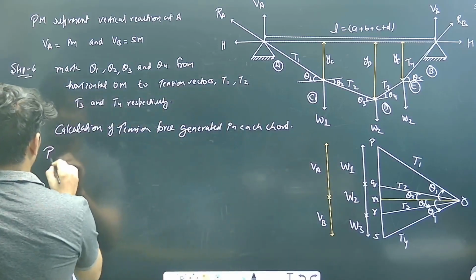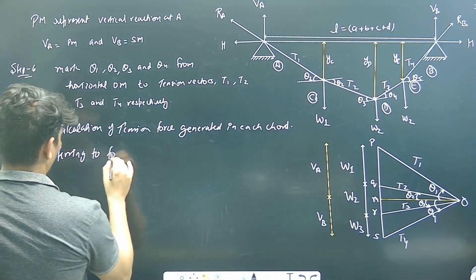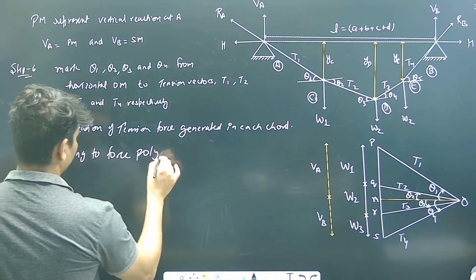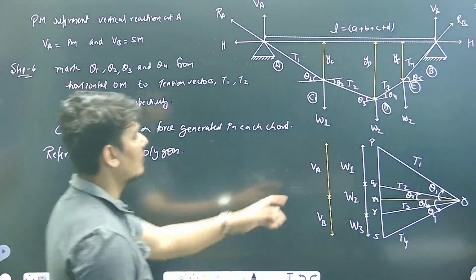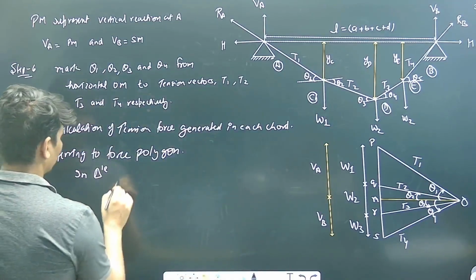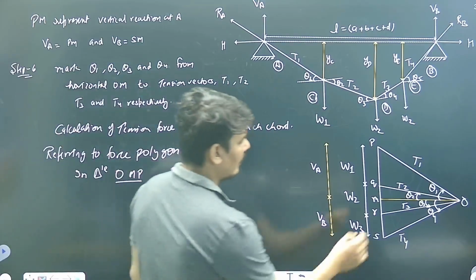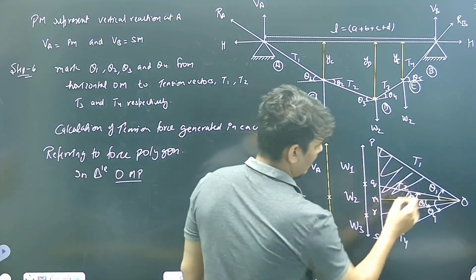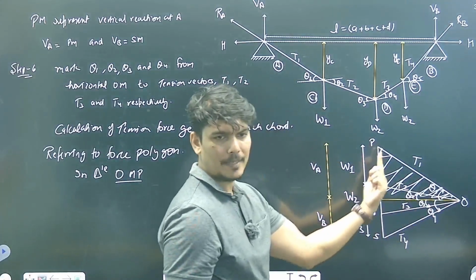Now, referring to force polygon, in triangle OMP. OMP में दिखाई दे रहा है, ये है बेटा. This is triangle OMP.